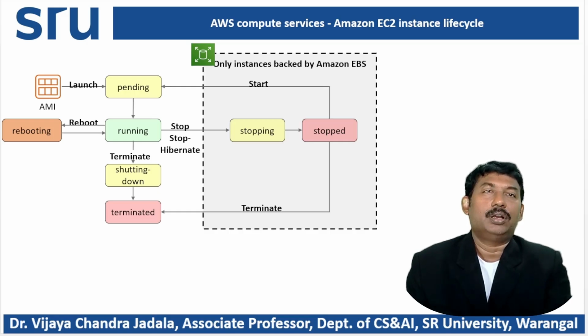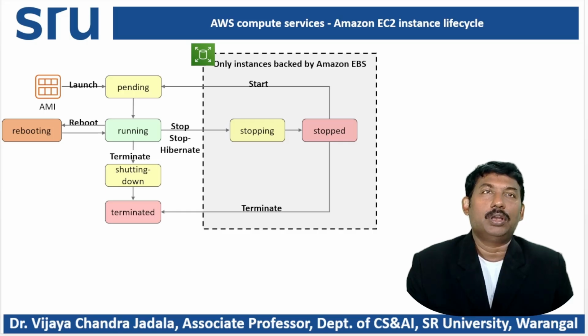Then comes the next option known as running, and another option is rebooting. So let's discuss running. When the instance is fully booted and ready, it exits the pending state and enters the running state.